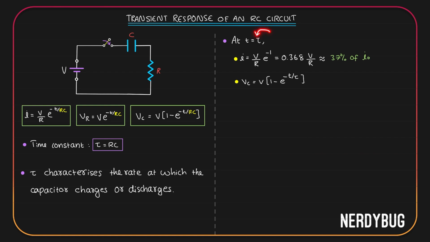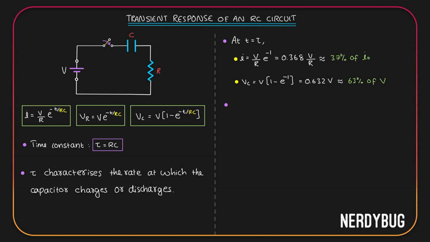Here t is equal to tau, so this becomes e raised to minus 1. If we calculate e raised to minus 1 and take 1 minus e raised to minus 1, this will become 0.632 times V. Now, what is V? V is the applied potential. That is the maximum possible value of potential. When one time constant has passed across the capacitor, we will have approximately 63% of the maximum value of potential V.